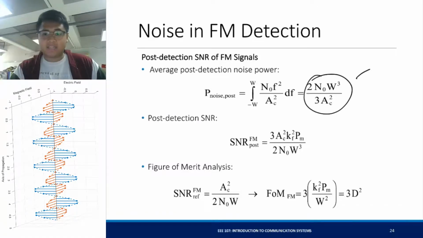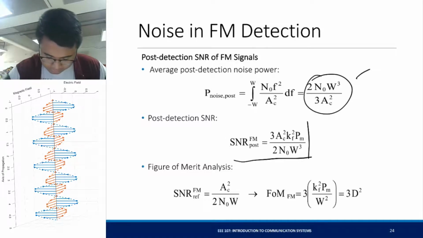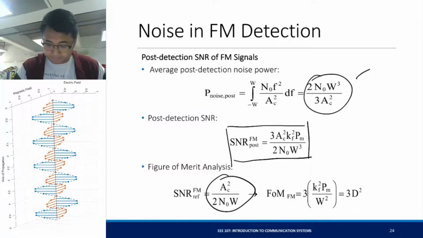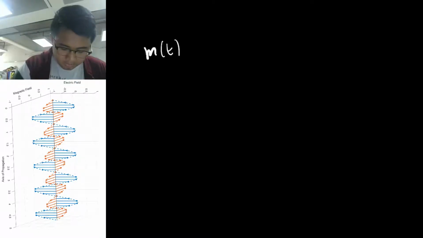And now we can get the SNR. So the SNR at post-detection is equal to this. And using the figure of merit analysis, how did we get this reference SNR? This reference SNR, again, we use the same process as before.